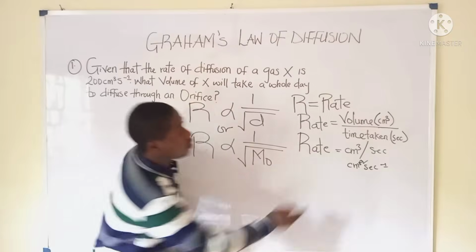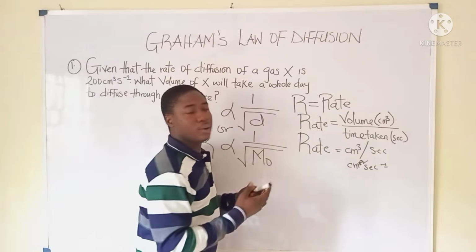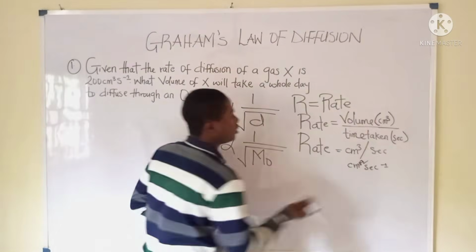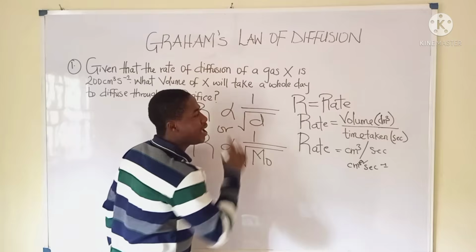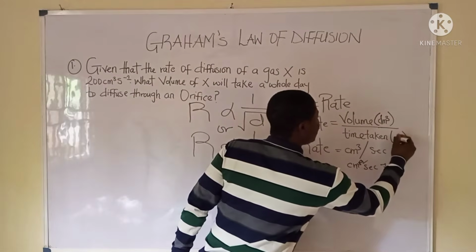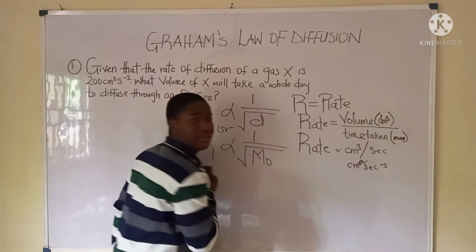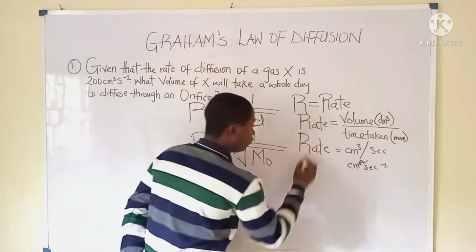But if the volume is given in dm cube and the time is given in minutes, what will be the SI unit for the rate?